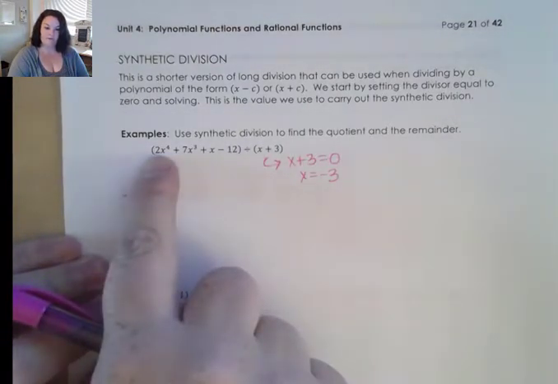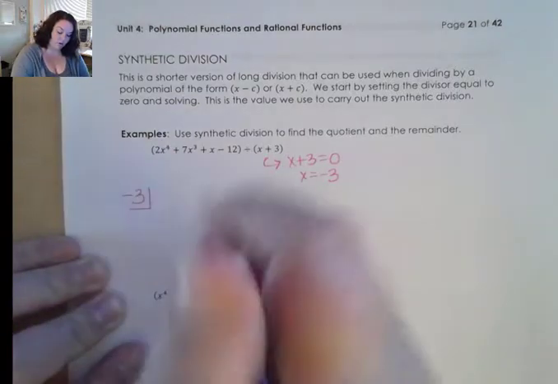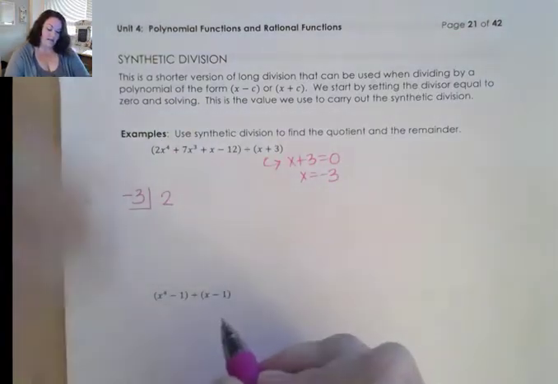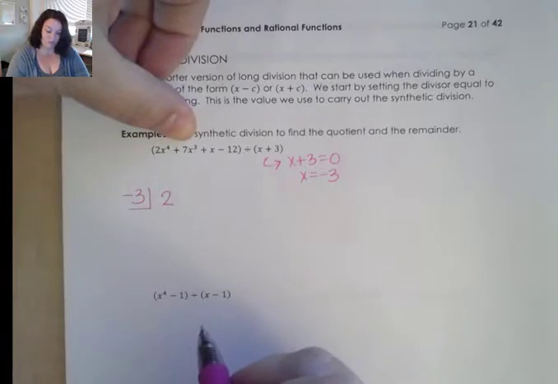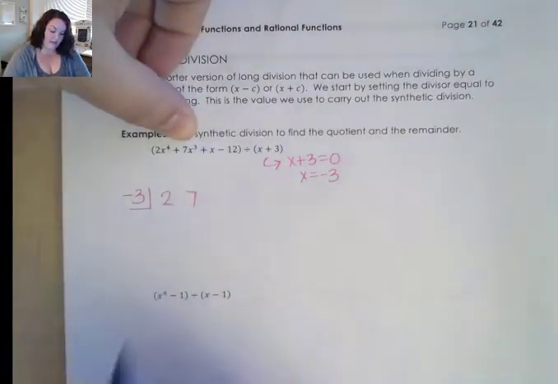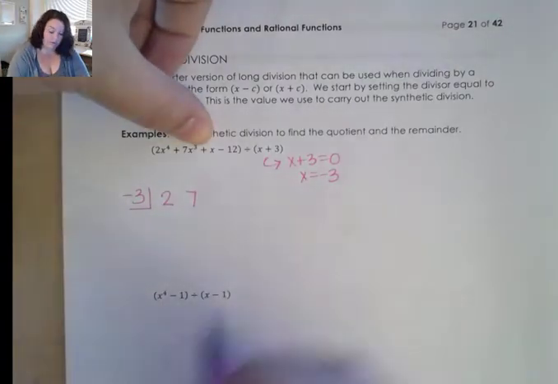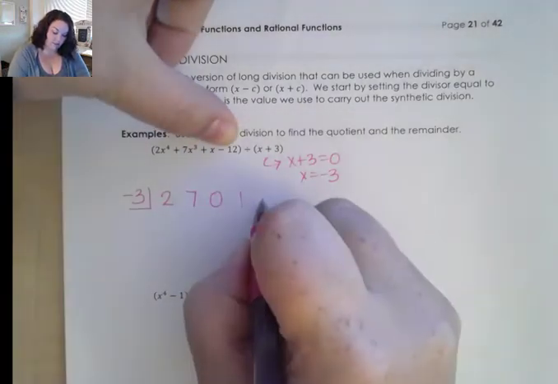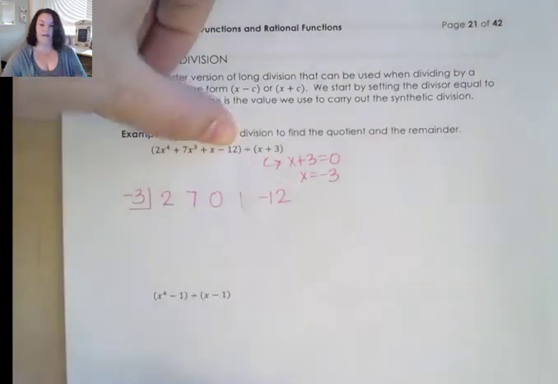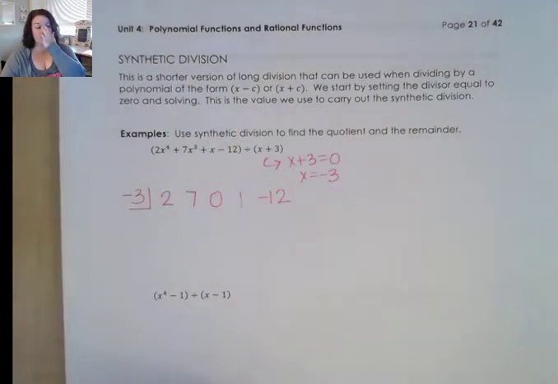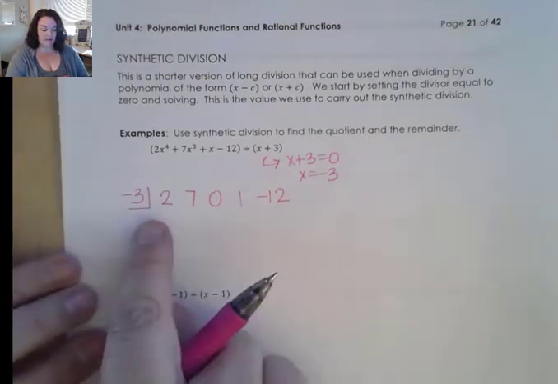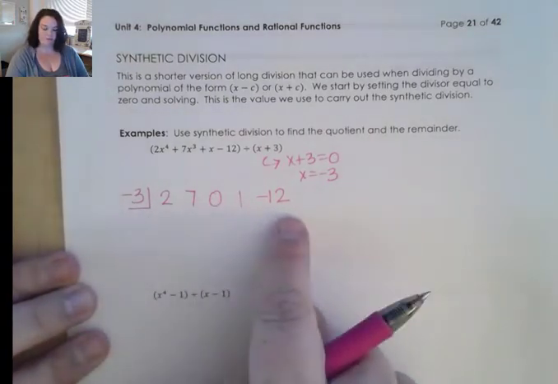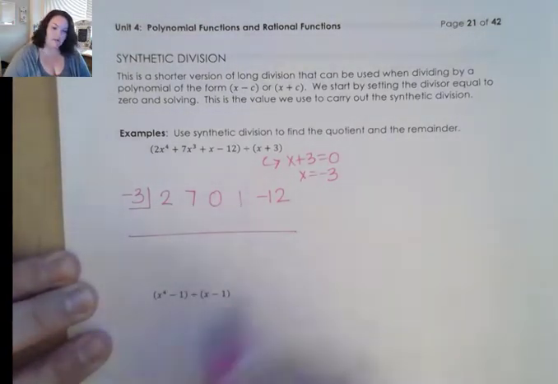So notice my first coefficient on my x to the 4th is a 2. My next coefficient for x cubed is a 7. My x squared term, I don't have one, so I'm going to use a 0. My x term has a coefficient of 1, and my constant term is negative 12. Okay, so once I have all the coefficients written out, I'm going to leave enough room to write other numbers below these and then just draw a line.